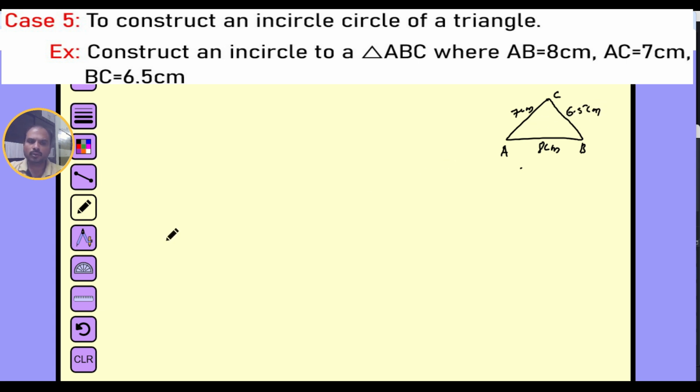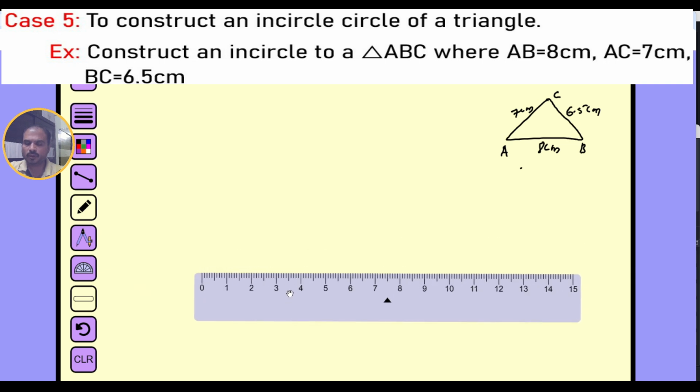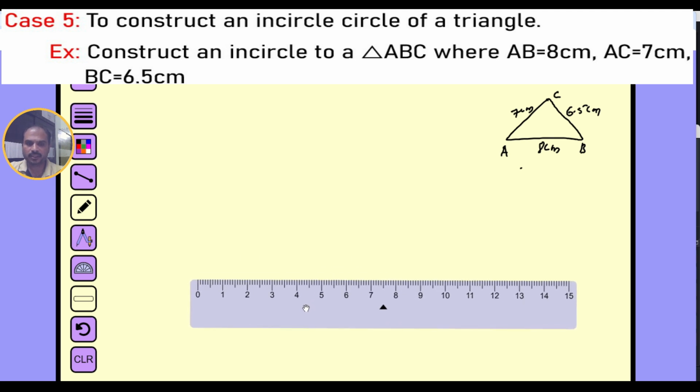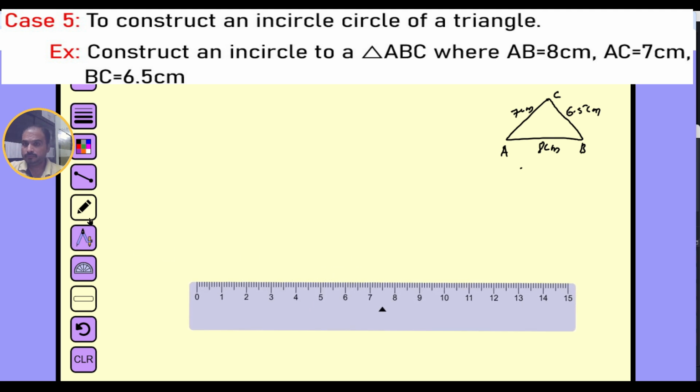Triangle construction you have learned in your lower classes. They may give you varieties of triangles to construct. What is important here is how to construct the circumcircle and incircle. That is the important method. Clear, children? So now I'll construct AB of 8 centimeter.